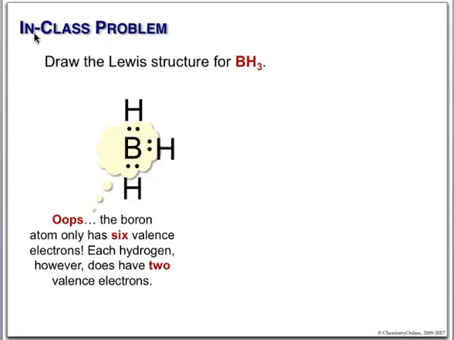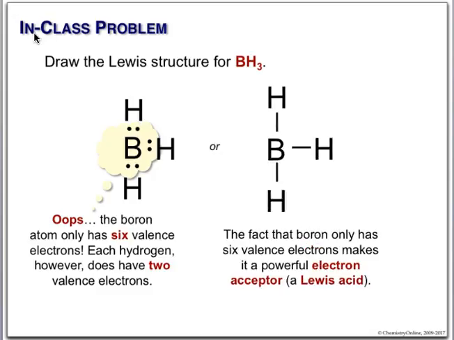Instead of an octet, it only has 6. And there is no way in this world that you can give it 8. So sulfur had too many, boron has too few. This is BH3.